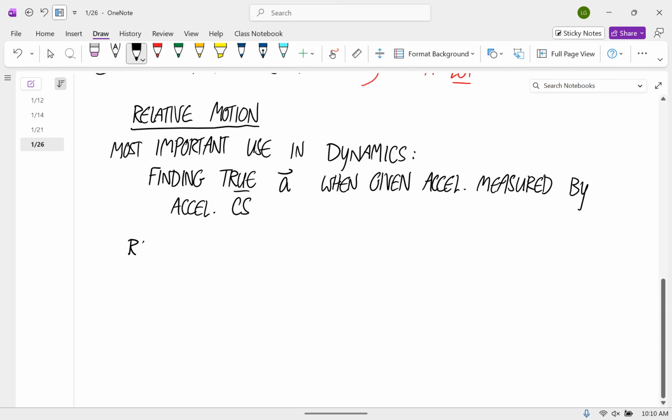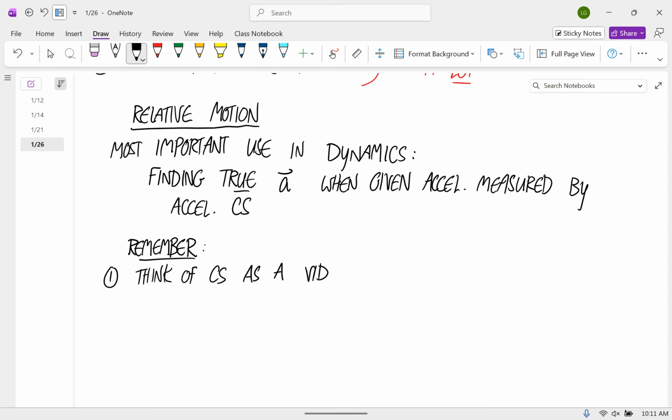So as we do this, remember these things. So first, think of a coordinate system as a video camera measuring motion. Remember that there are, this is what I just said, two ways for a coordinate system to be non-inertial.